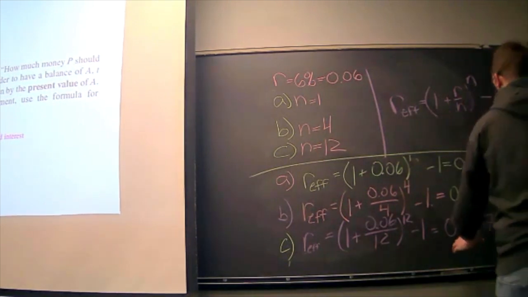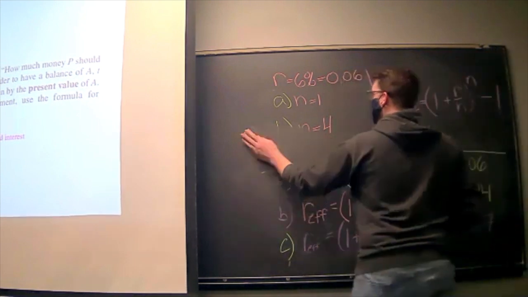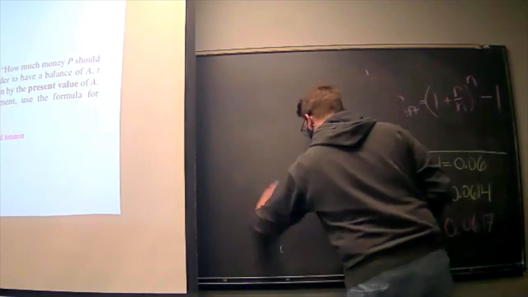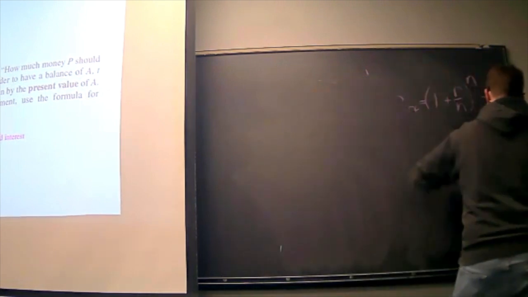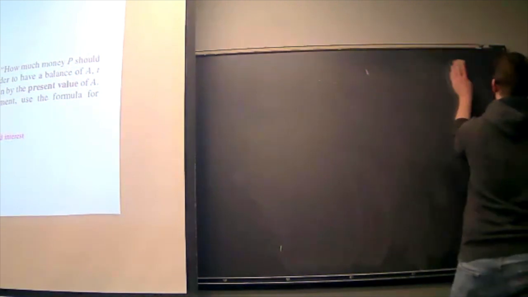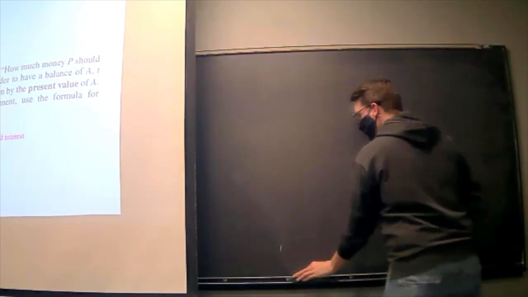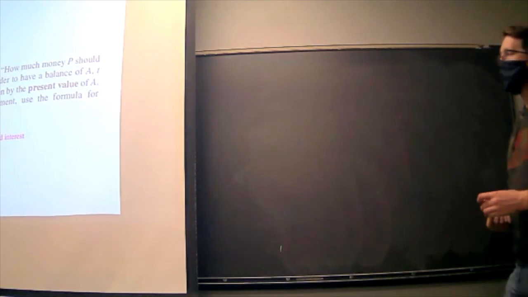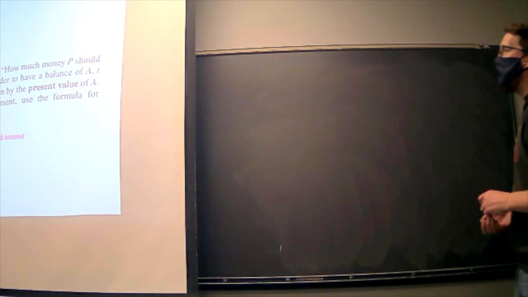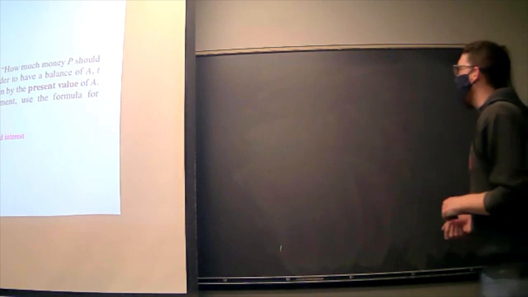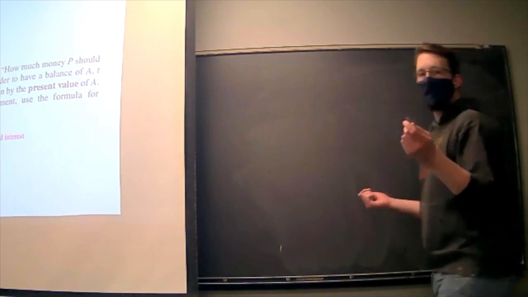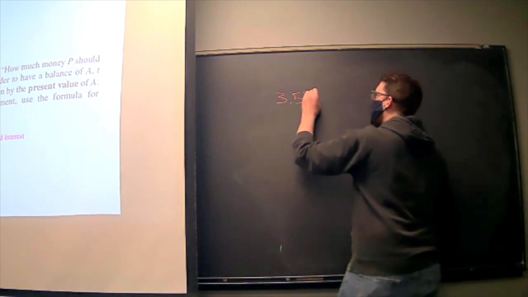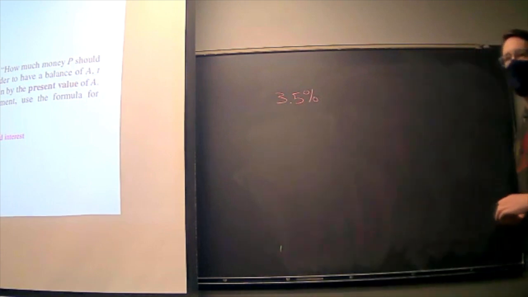So another way of saying it is you get a CD, certificate of deposit. And it has a particular interest rate associated with it, let's say 3.5%. That seems awfully high, but I'm going to say it.